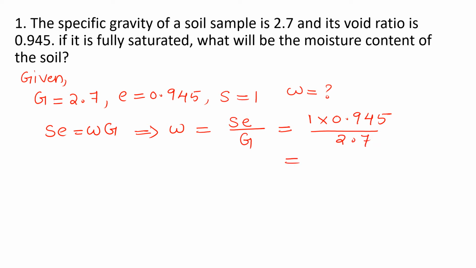Calculate this value, we will get the answer. You will get the answer as 0.35 or 35%. So moisture content of the soil is 35%. It's a very simple question.